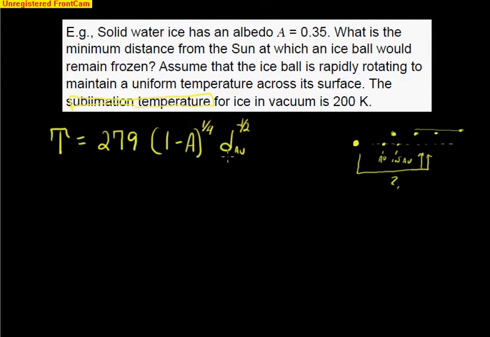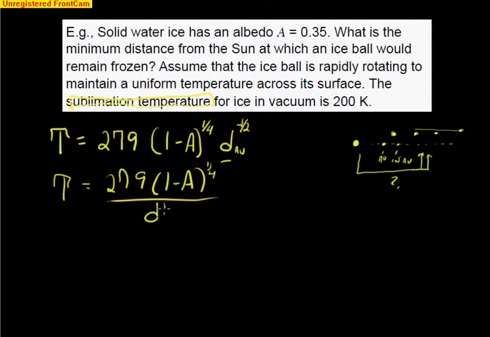Okay, so that's a setup. Solving this equation for the distance, this is the same thing as temperature equaling 279, 1 minus albedo to the 1/4 over. Take away our negative sign and move it down here, distance to the 1/2.